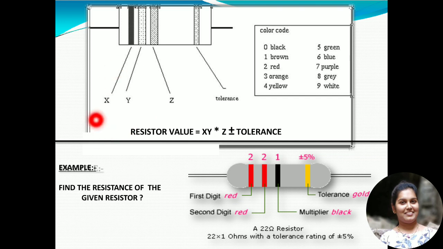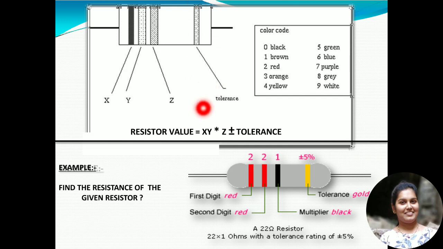The first band is the first digit, the second band is the second digit, the third band is the multiplier, and the fourth band gives us the tolerance.